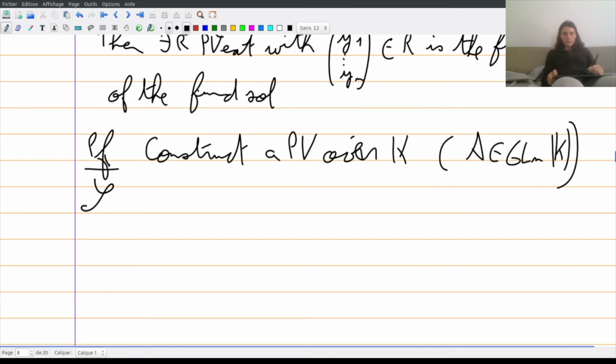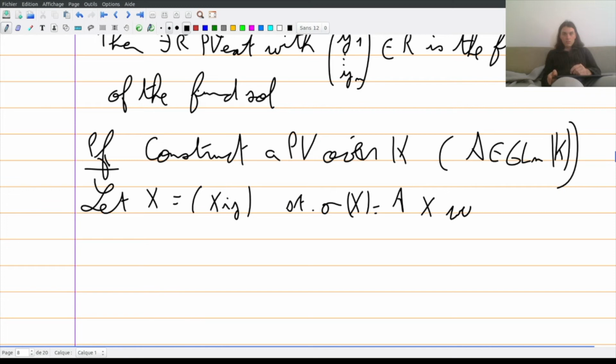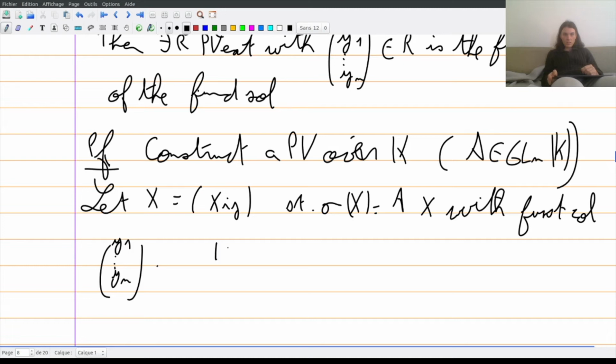So let X be such that sigma of X equals AX, with first column the vector solution.